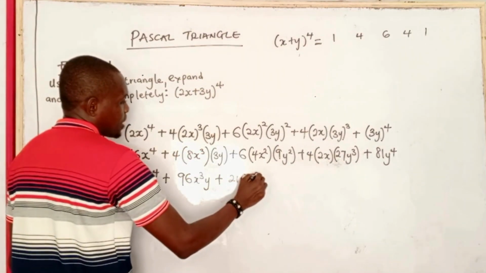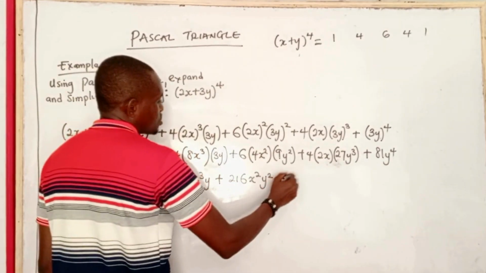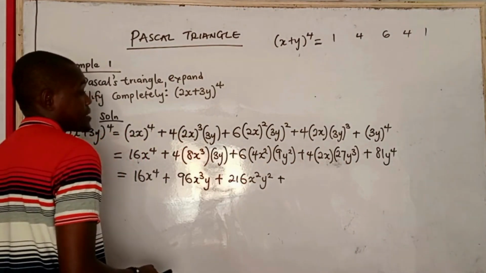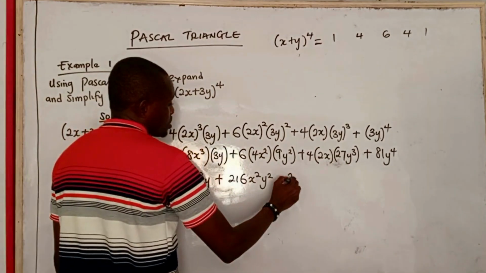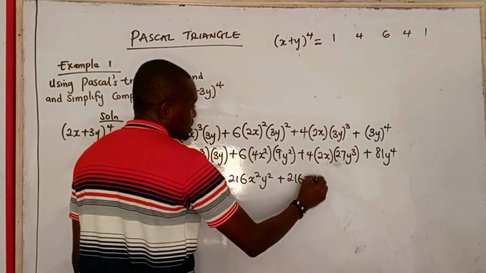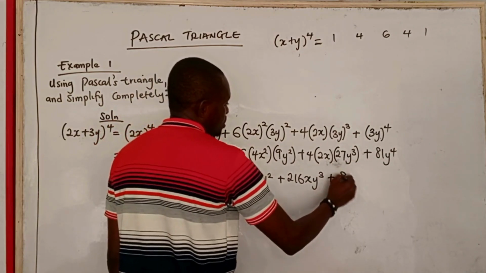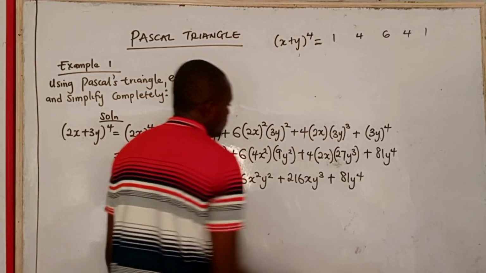And you are going to have x squared, and then your y squared remains. Then plus, we have 4 times 2, that is 8. 8 times 27, that will still give us 216. So we are now going to have x, and then we have y to the power of 3. And then the last one is 81y raised to the power of 4.